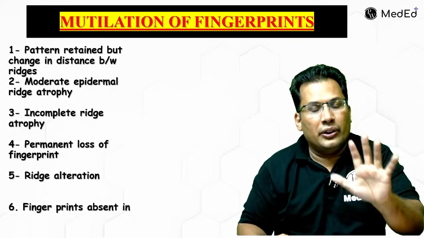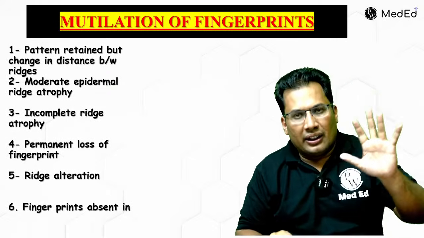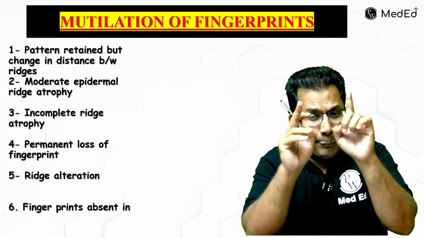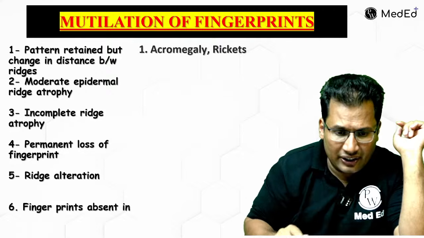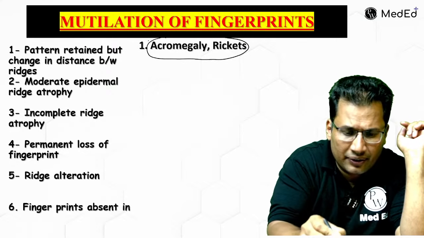Very good. Now you need to write this. What are the conditions of mutilation of fingerprint? The pattern is retained but there is change in the distance between the ridges. The conditions are acromegaly and rickets.